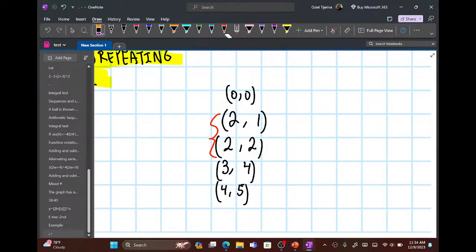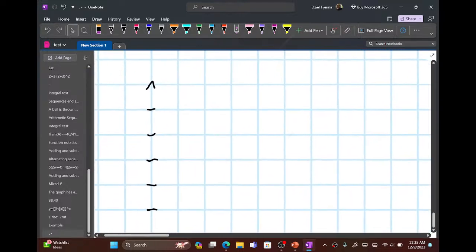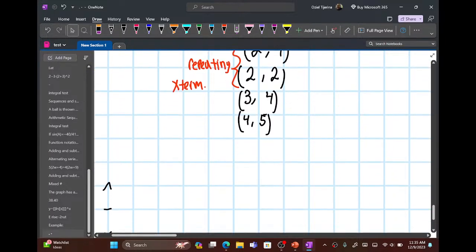Hold on, guys. Repeating x term. Okay. So clearly this is not a function, and I will show you guys why it is not a function.